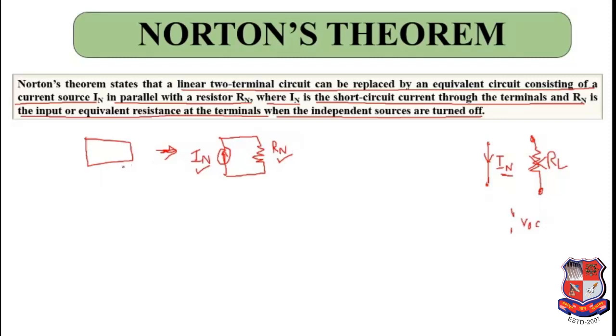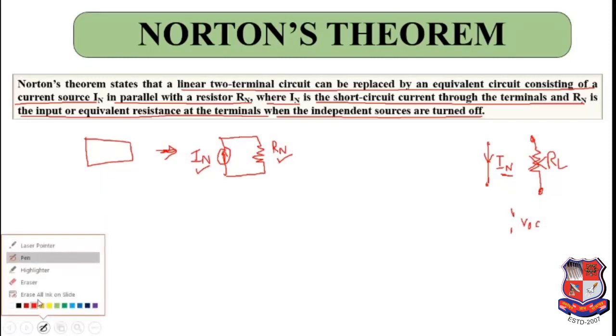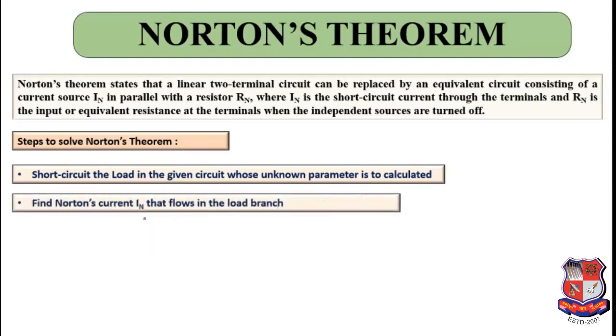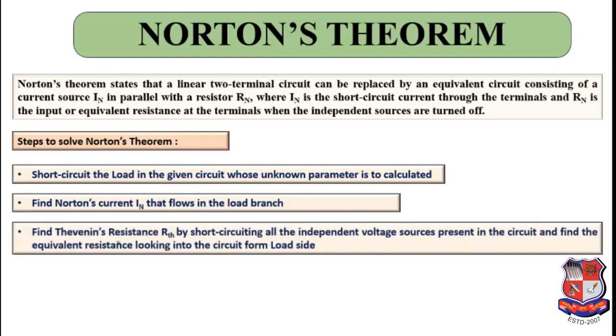So let us see the steps to solve using Norton's theorem. First, short circuit the load in the given circuit whose unknown parameter is to be calculated. Then find the Norton's current that flows in the load branch, and find the resistance RN by short circuiting all the independent voltage sources, or open circuiting all the current sources present in the circuit, and find the equivalent resistance looking into the circuit from the load side.